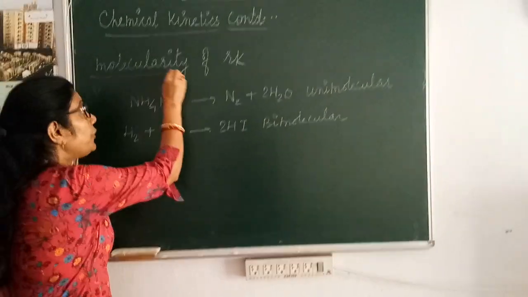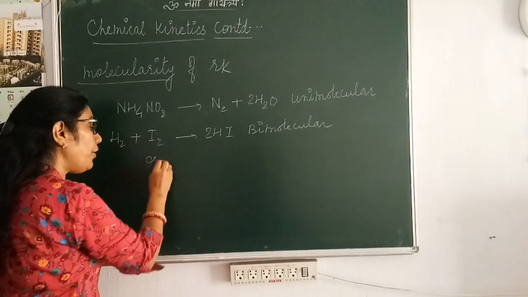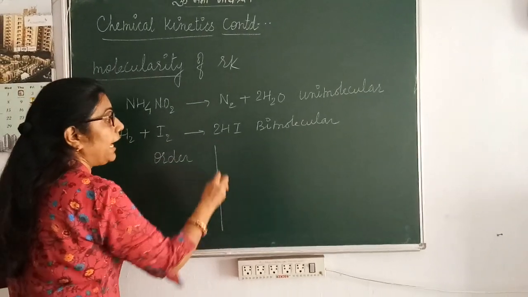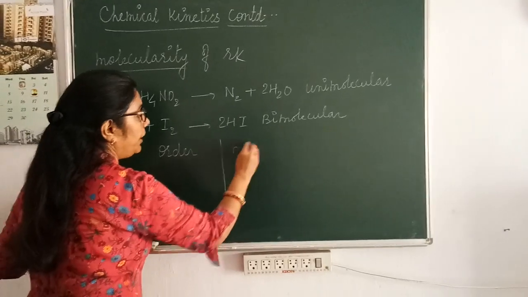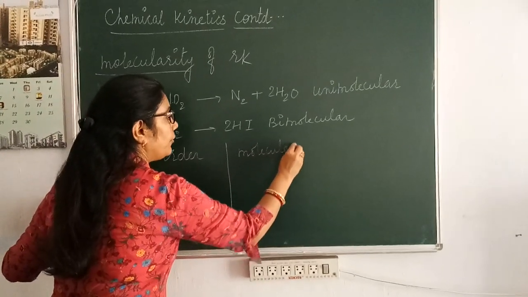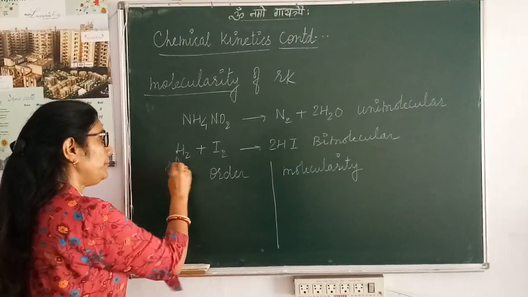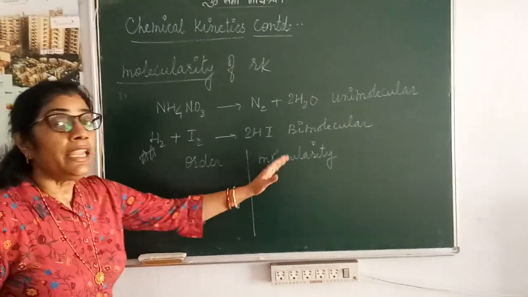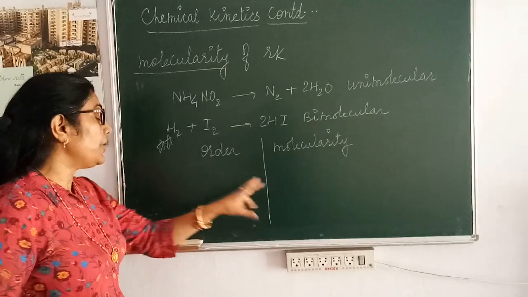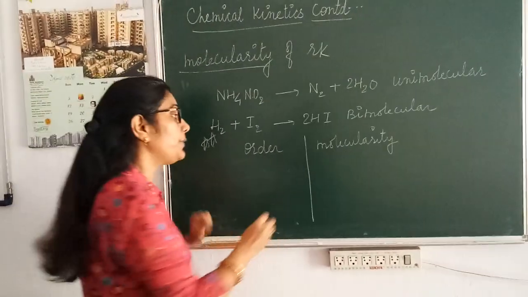So how can molecularity and order of reaction be differentiated? Very important question it is, very common but important. Molecularity is a theoretical concept, whereas order is experimental.